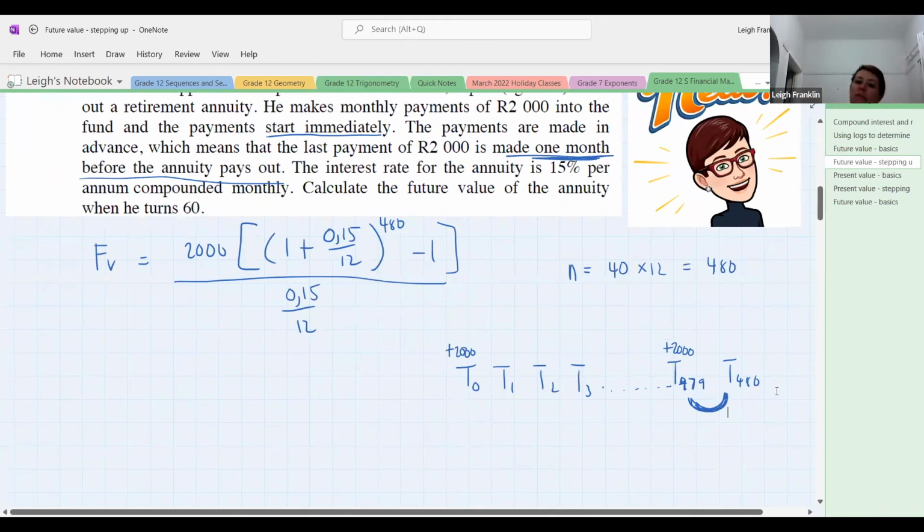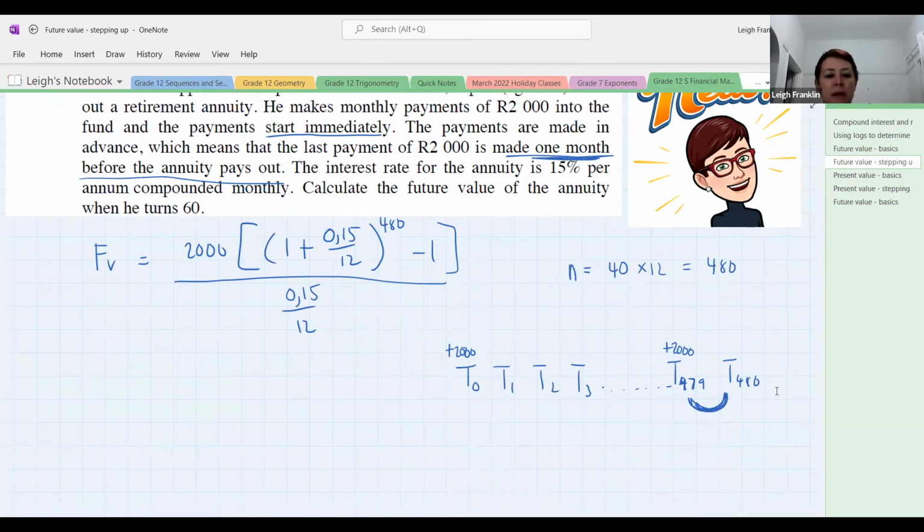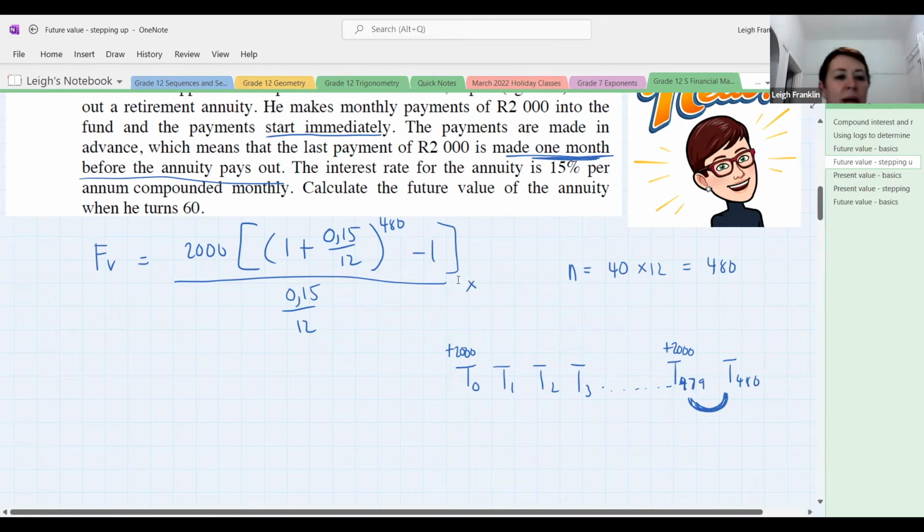That is where the money is sitting in the account and it's earning interest. Remember, he's made his payments at the beginning of the month. So that 2,000 Rand is earning interest together with all the rest of the money for another month. So that means that we now need to multiply. This becomes our p-value. And we now need to multiply.